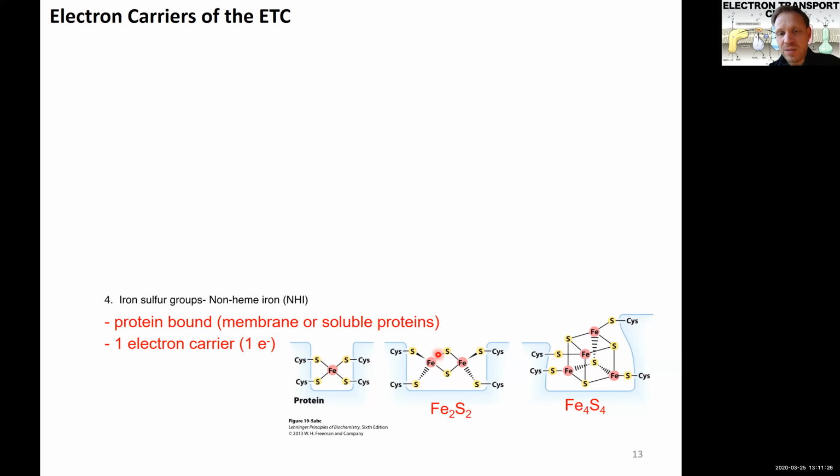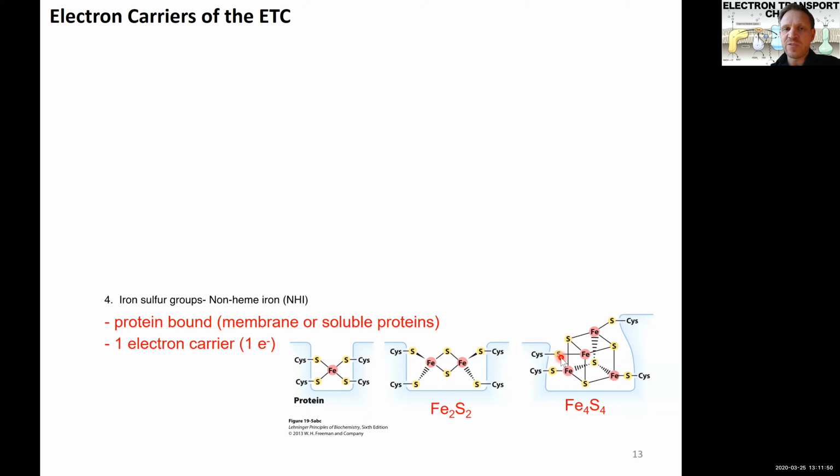The difference here is simply the number of irons you have in these complexes. Their function, however, regardless of what the structure looks like within the protein, is that they are a 1 electron carrier and a 1 electron carrier only. So they will always only carry 1 electron, and they are protein bound, much like we had seen for FADH2.